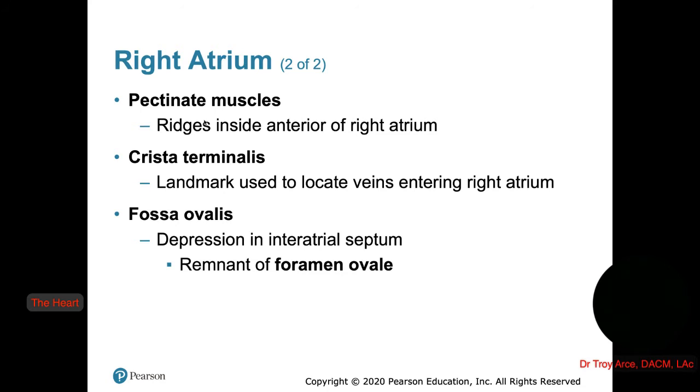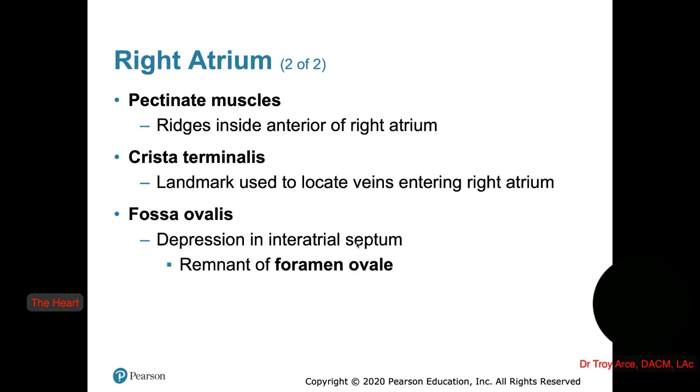you have your pectinate muscles. You have ridges inside the anterior of the right atrium. You have your crista terminalis, which is a landmark used to locate veins entering the right atrium, and the fossa ovalis. This is a depression in the interatrial septum, and it's a remnant of the foramen ovale, which is in the embryo at the beginning of when the heart starts to beat.